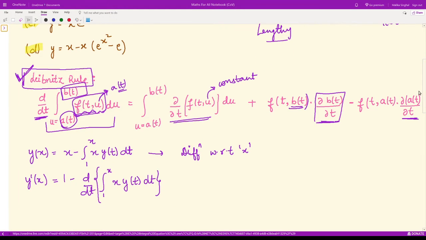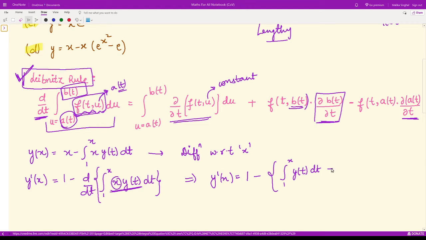So let us use this rule. We'll obtain y dash of x, that would be equal to 1 minus, here we'll take the brackets, this term would be integration from 1 to x, then the partial derivative of this term with respect to x, that would give me y of t dt, because here we take the partial derivative with respect to x, and the coefficient of x is y of t dt.